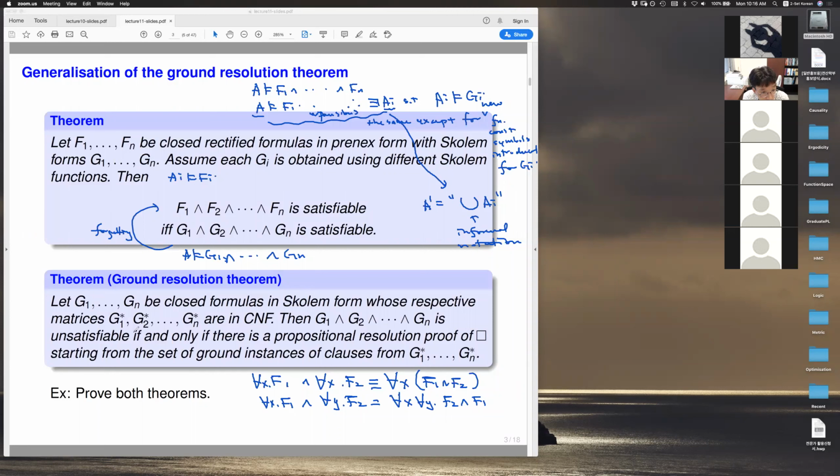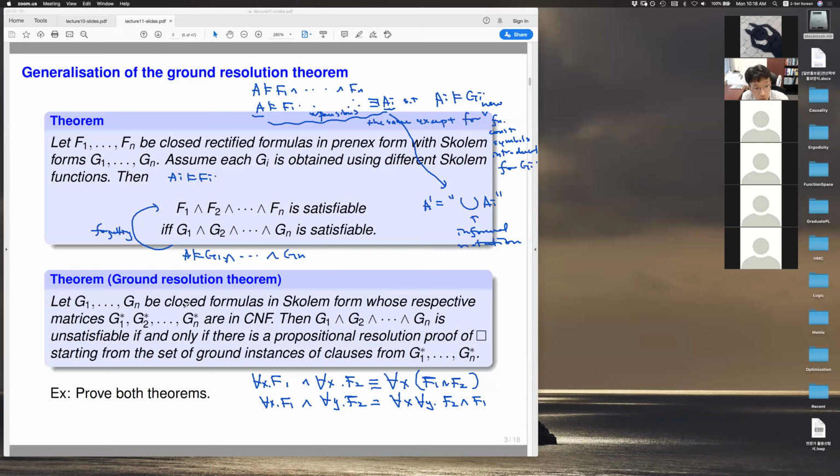If you collect all the quantifications in G1 up to Gn using these two rules and put them all out, then G1 star up to Gn star is going to be the new matrix of the new formula.